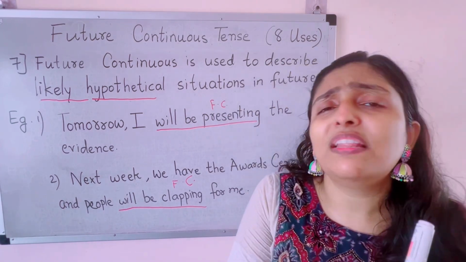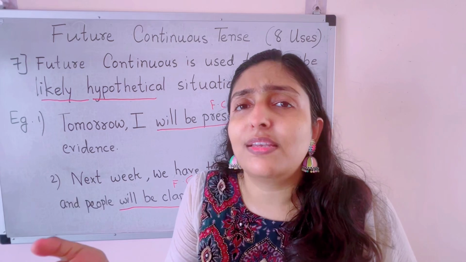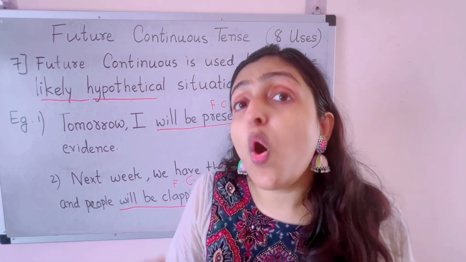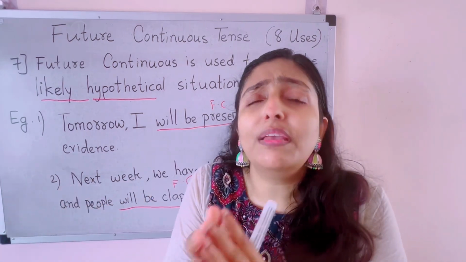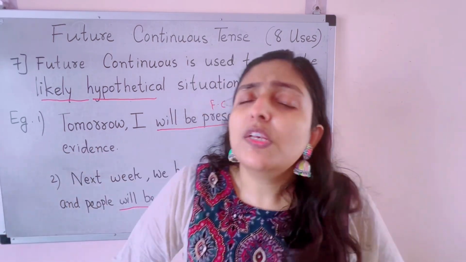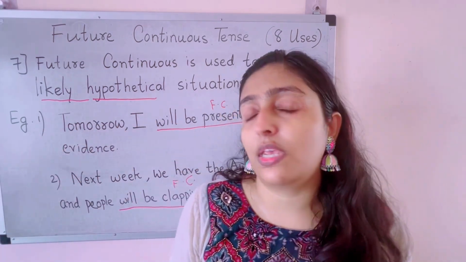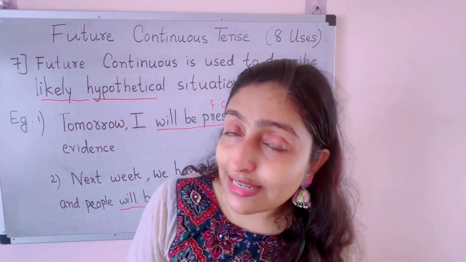So it doesn't mean that they'll clap for 1 second or for 10 seconds. There is something very innovative and novel I have done that people will all be applauding me for quite some time. So a longer duration of time is involved here. In such situations, we use future continuous tense.